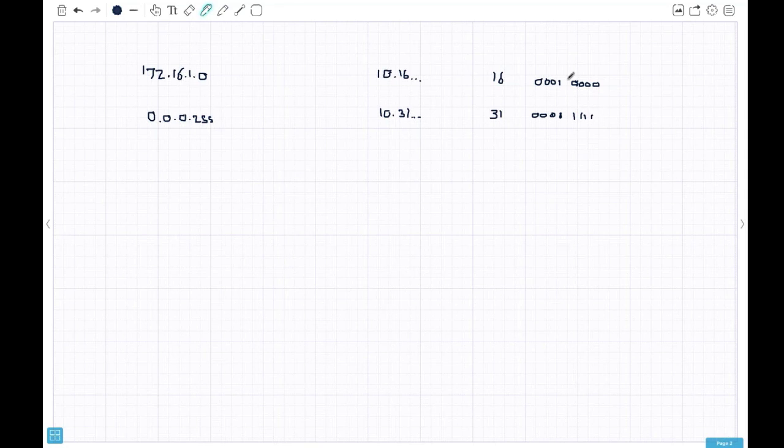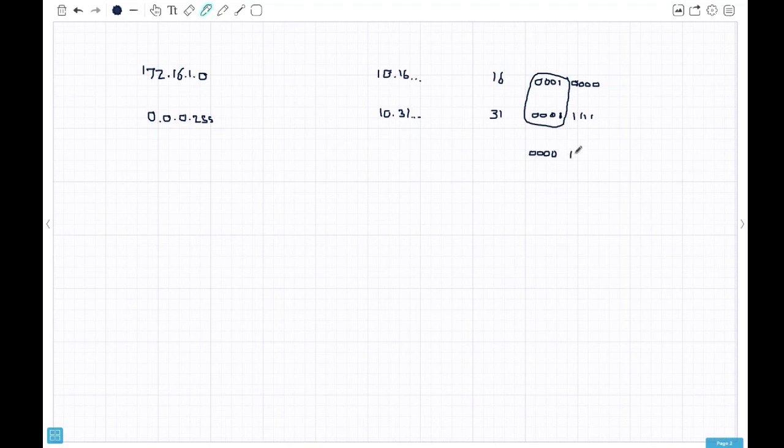So again, find out what's common. Now we put zeros in the wildcard mask. Networks use network masks. Access control lists use wildcard masks. They have a different name because they're the opposite.